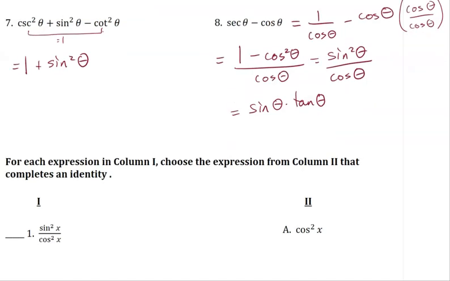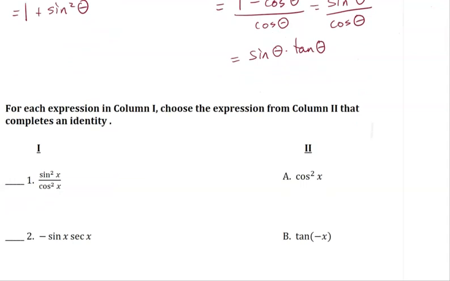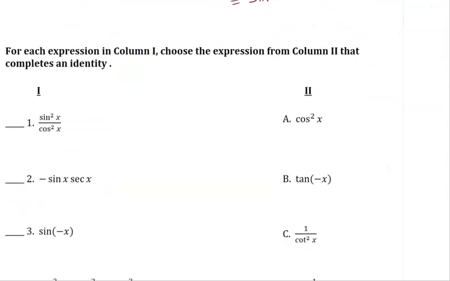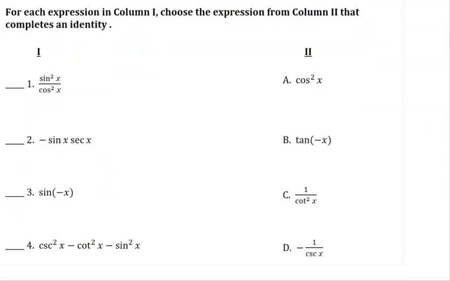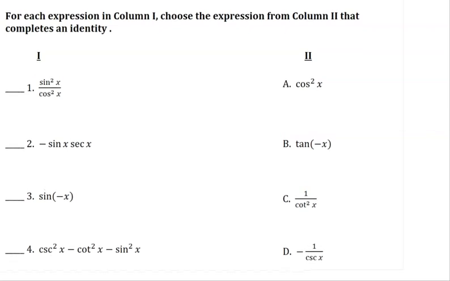Okay, last section here. This is matching. We are just looking to see which expressions in the first column are equivalent to the expressions from the second column and are an identity. Okay, so a few ways to approach this. When I look at it, the first thing I see on the first one is that I have sine over cosine, both being squared, so I can write that as tangent squared.